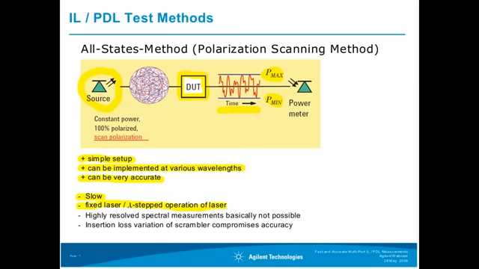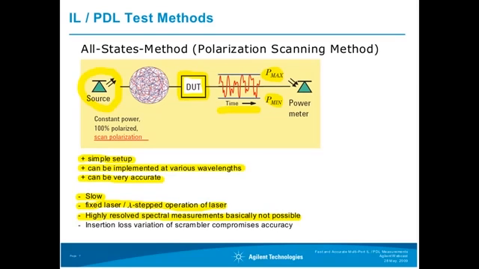That means you typically use a fixed laser, or a lambda stepped laser, a laser which is stepped through the wavelength range. You cannot really use a continuously tuning laser because then you do not have enough polarization information at every wavelength. For that reason, highly resolved spectral measurements are basically not practical. It just takes too long stepping through the wavelength range.